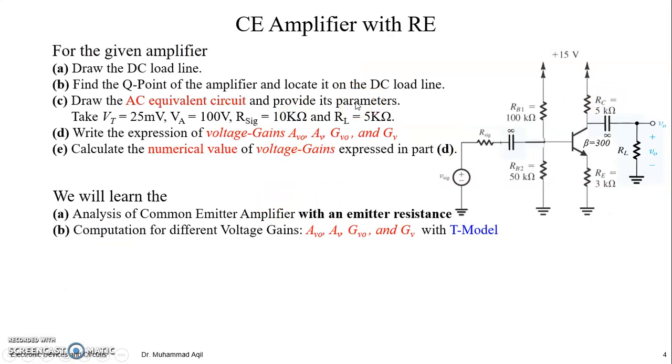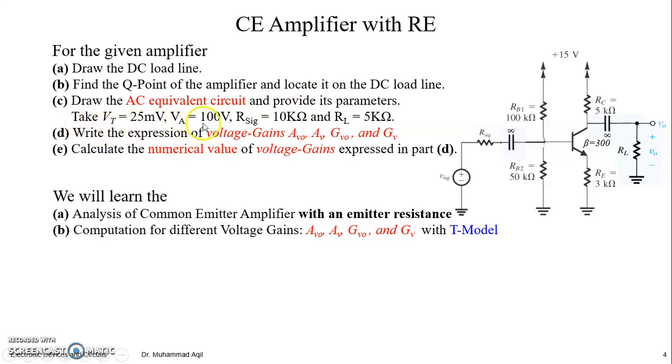Let's pose a practical problem by which we can make an understanding of the common emitter amplifier with an RE. Suppose you have been given this amplifier already designed by someone and you are going to analyze it, right? So you have to draw the DC load line in the first part, find the Q point of the amplifier and locate it on the DC load line, right? Then draw the AC equivalent circuit and provide its parameters, gm, r pi, re, r naught, right?